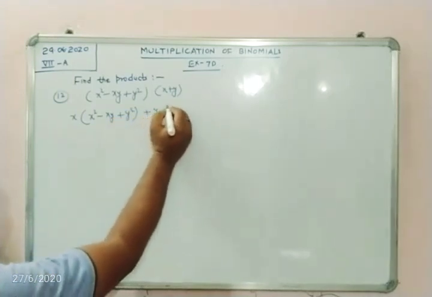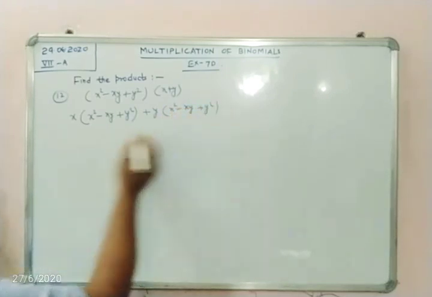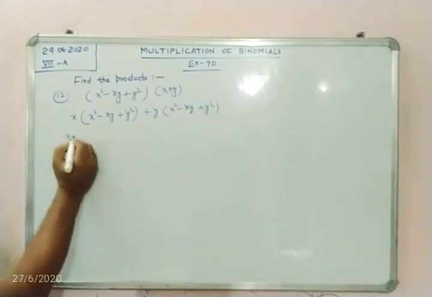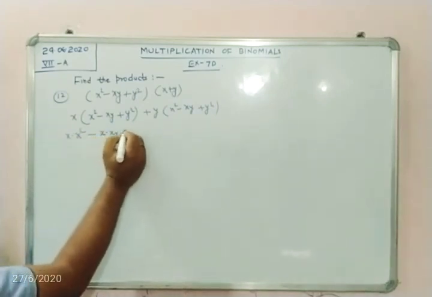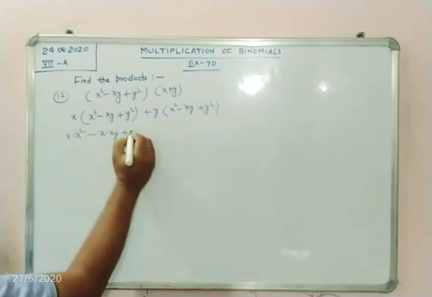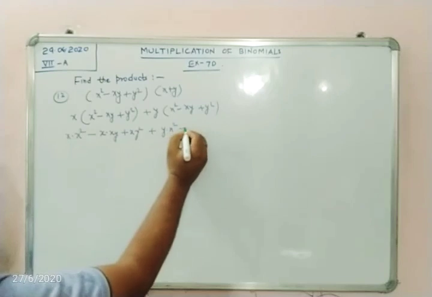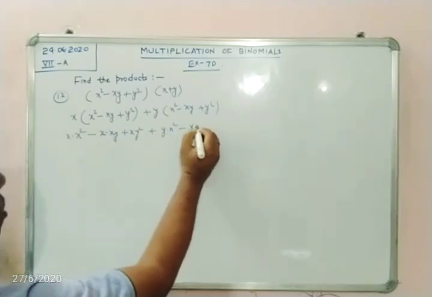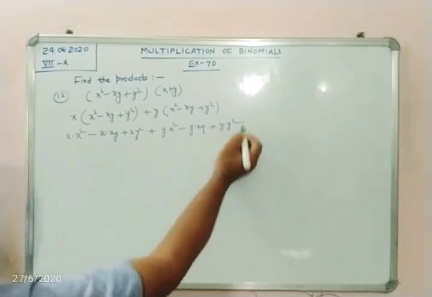Then plus y into x square minus xy plus y square. Again I am going to multiply: x into x square minus x into xy plus x into y square plus y into x square minus y into xy plus y into y square.